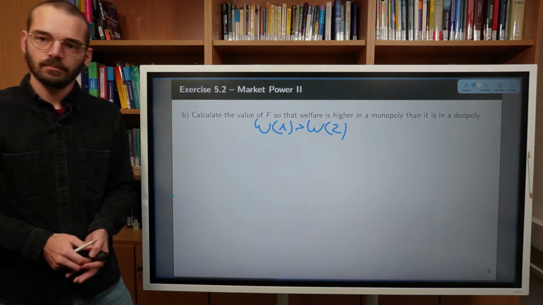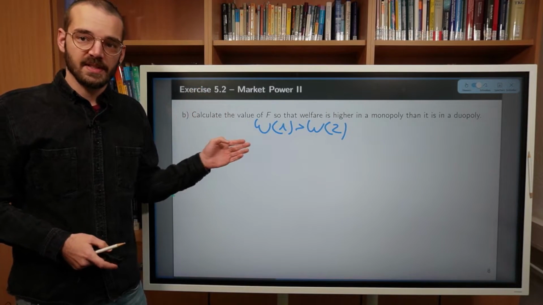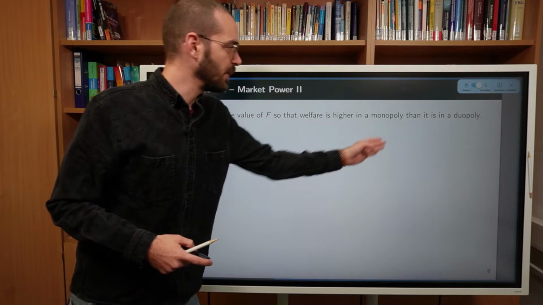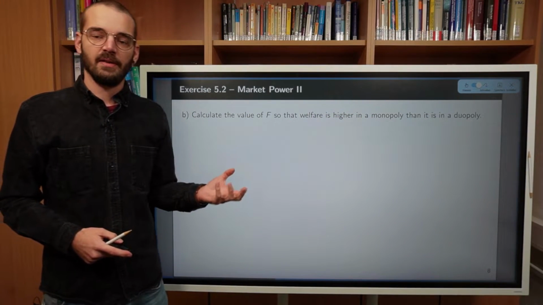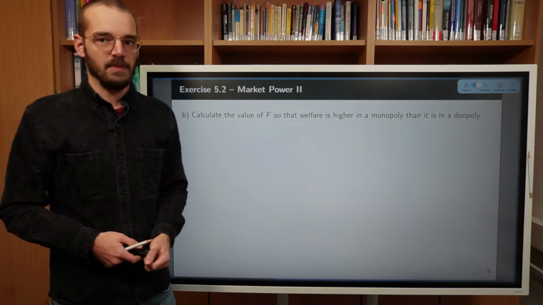Okay? We have, of course, defined welfare as a function of n previously, so we can rely on those results when we want to find a function of welfare that depends on the number of firms and the fixed costs at the same time.